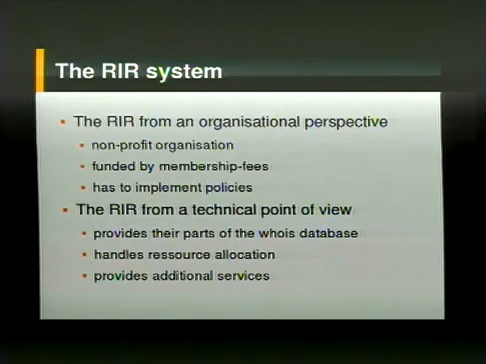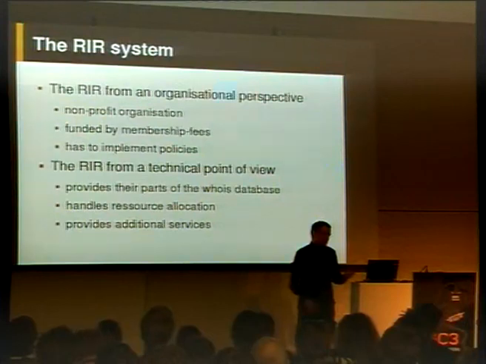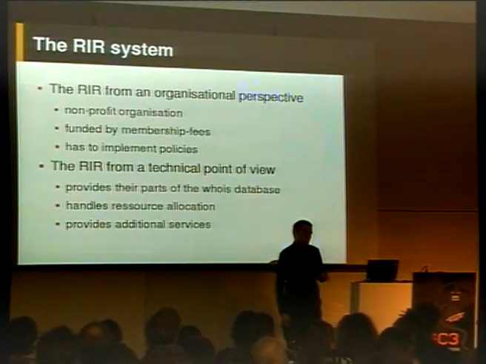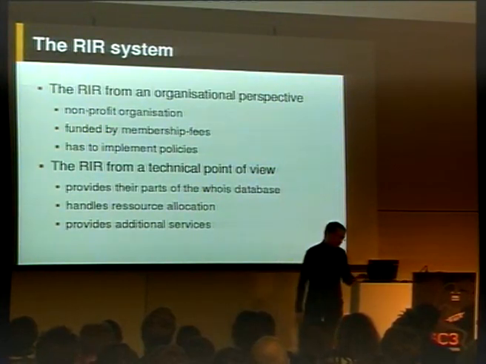So they are non-profit organizations, they are funded by membership fees, and they have to implement policies. This is an important point. They do not make up policies. They do not say, okay, we are of the opinion that these people should get AS numbers and these don't. It's a community-driven process. So, for example, in the RIPE region, policies are consensus-based. They have an elaborate system of discussion, and it's luckily more fruitful than, for example, Wikipedia.